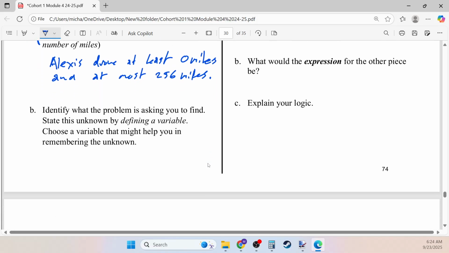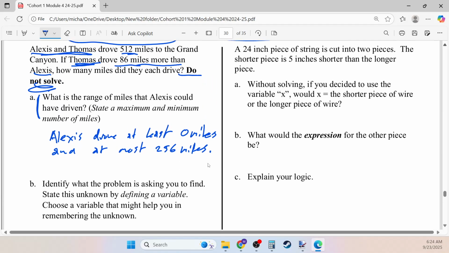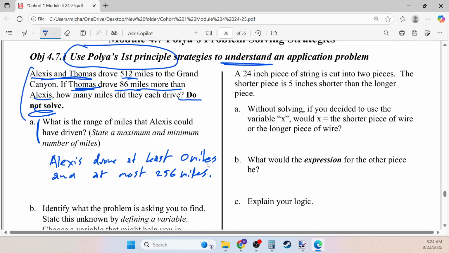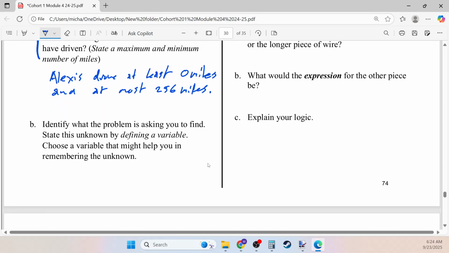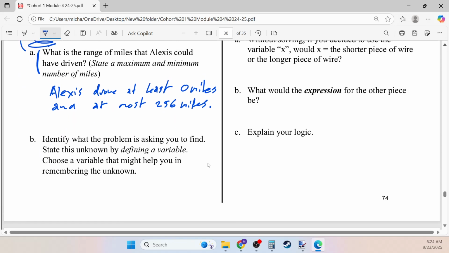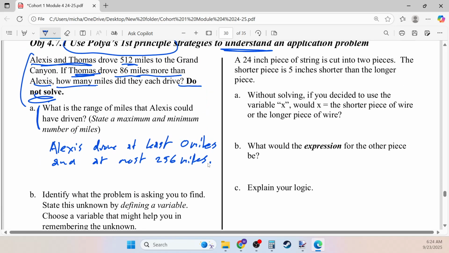Identify what the problem is asking you to find. State this unknown by defining a variable. Choose a variable that might help you in remembering the unknown. So we're still looking at this problem, but now we're going to set up, we want to know how many miles did they each drive.